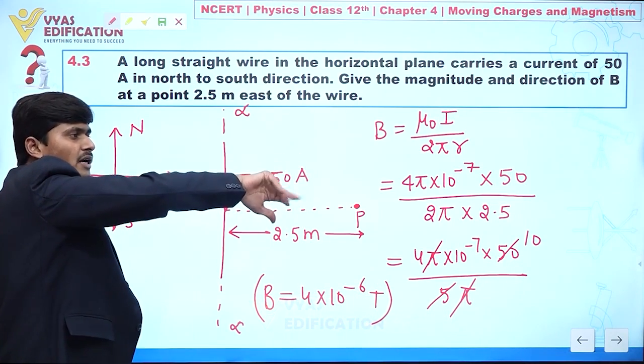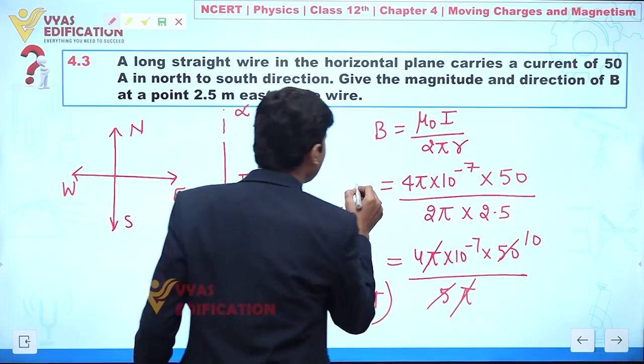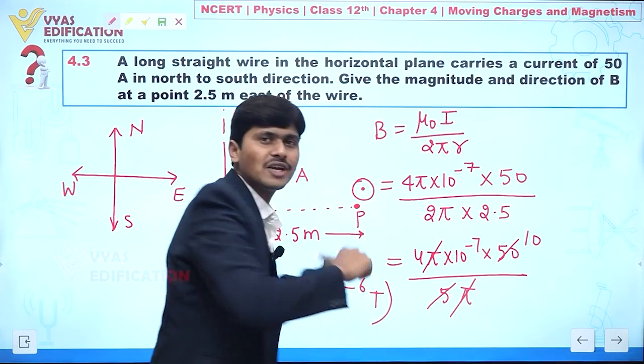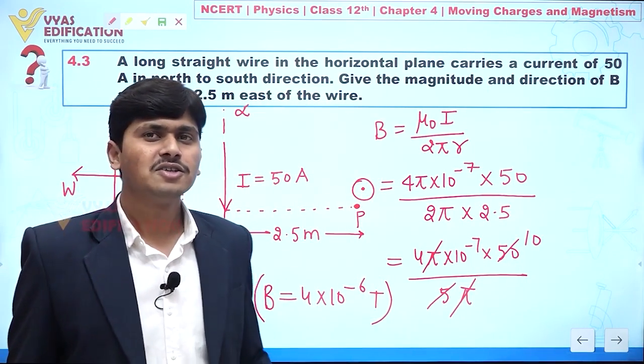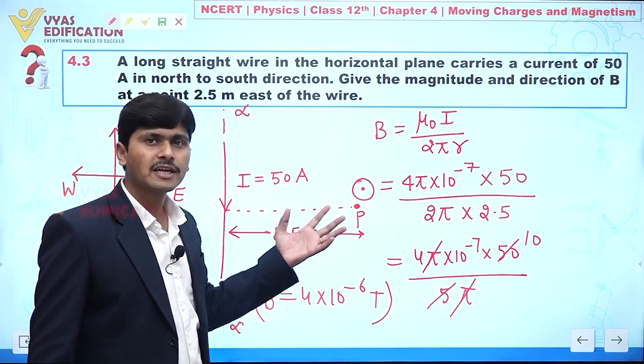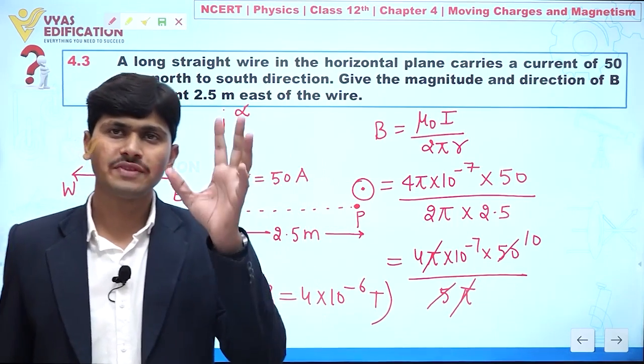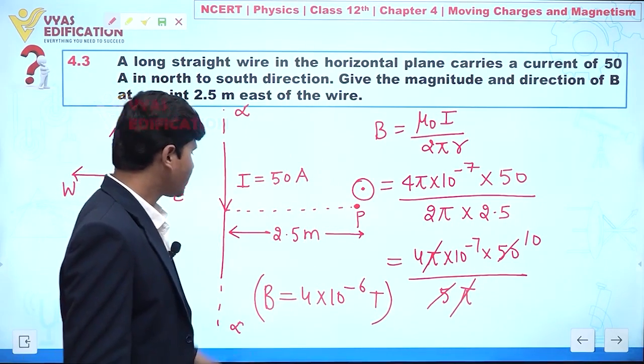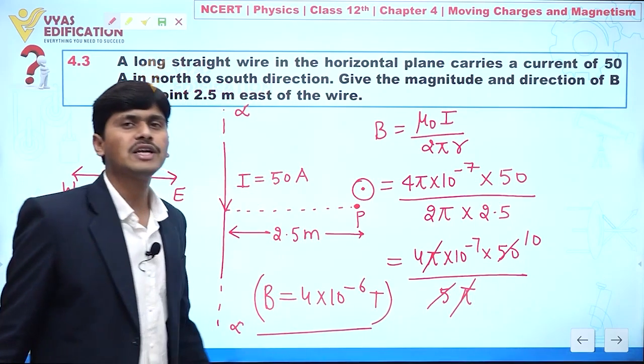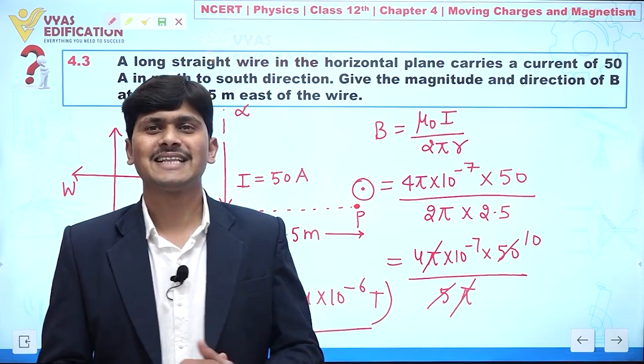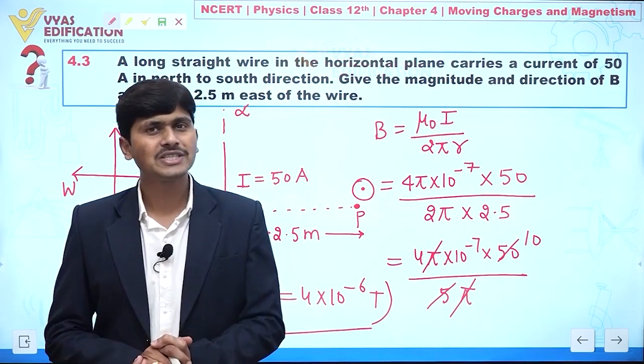If I curl my fingers like this, the magnetic field is perpendicular outward. So the direction of the magnetic field is perpendicular outward of this screen, and the magnetic field value is 4 into 10 to the power minus 6 Tesla. So this is all about this question.